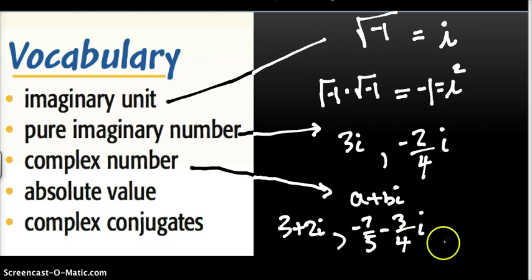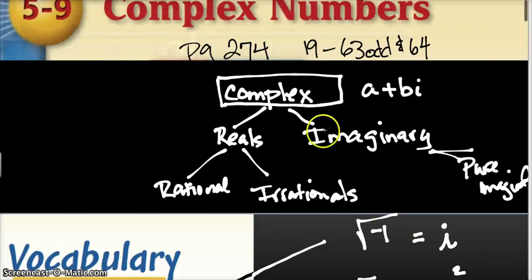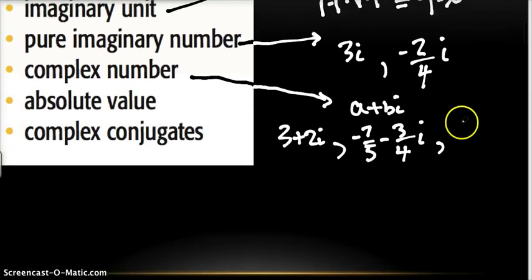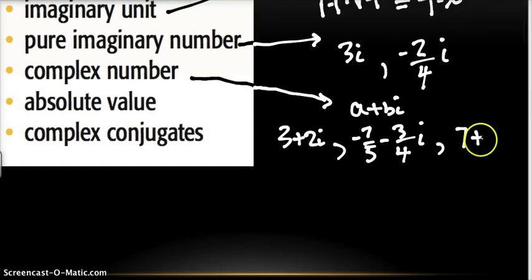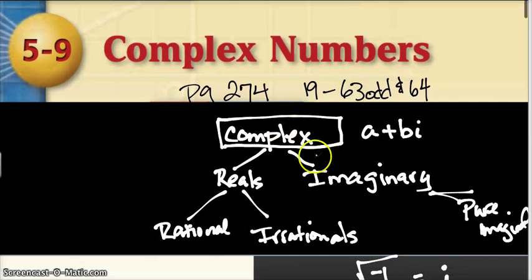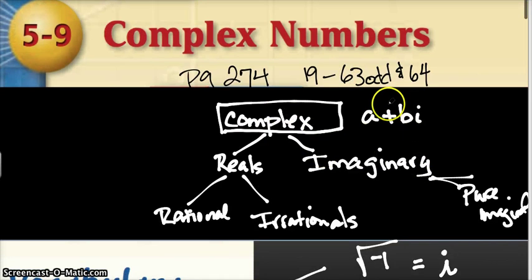But here's the thing. This is why I said all numbers are complex numbers. I can write the number 7 plus 0i like that. Well, I have no i's. Basically, that's just the number 7. I can consider that a complex number. So all numbers technically can be written in complex form. And if I'm dealing with the real numbers, the b value is just 0. The a plus bi, the b value is 0.